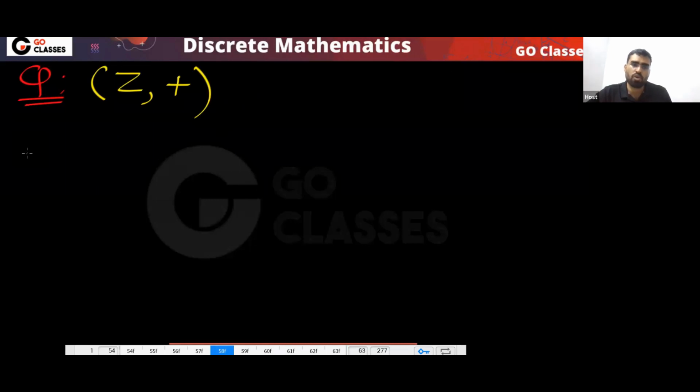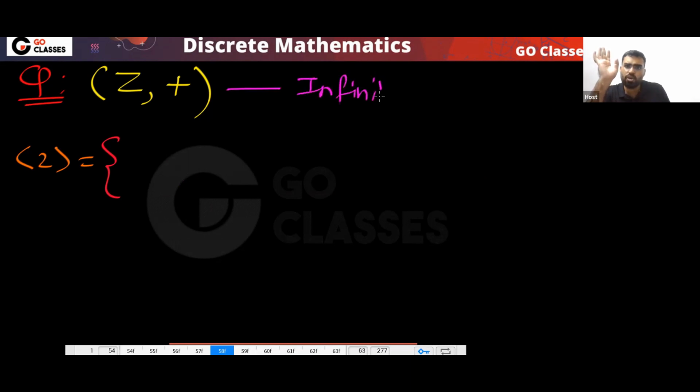If I ask you to find the order of 2, should you only go in the positive direction? No, because if you keep going in the positive direction, you will not find the identity element. Are you getting my point? So take care when you have an infinite group.